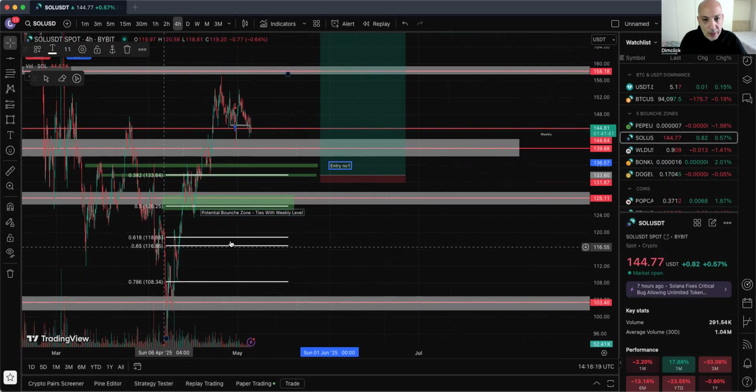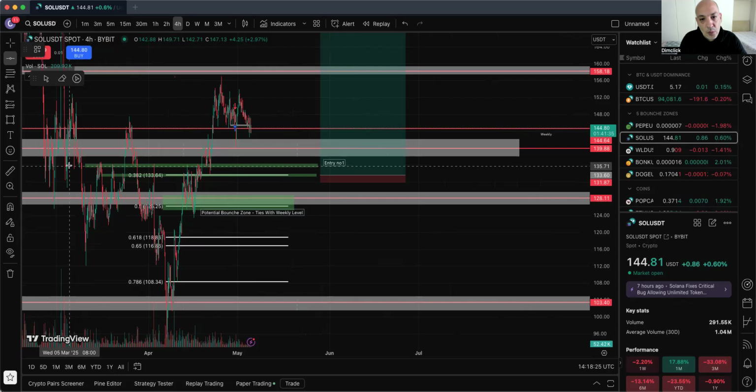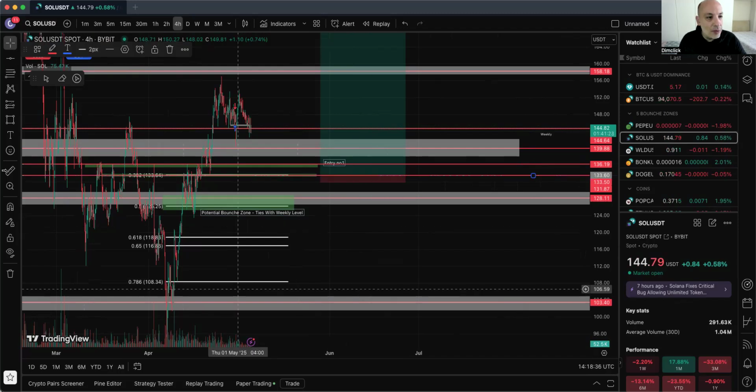Entry number one, okay. You could start a trade with a low leverage around this zone, around 136. You could add to your position around 133.